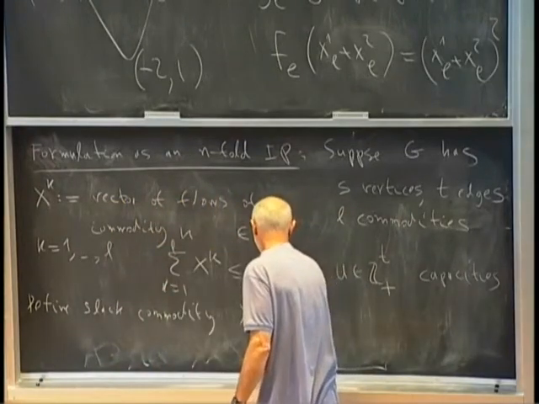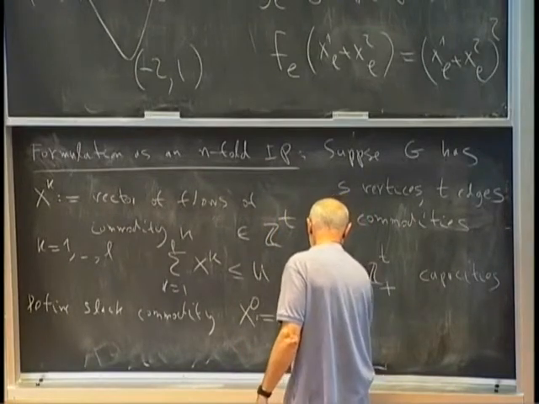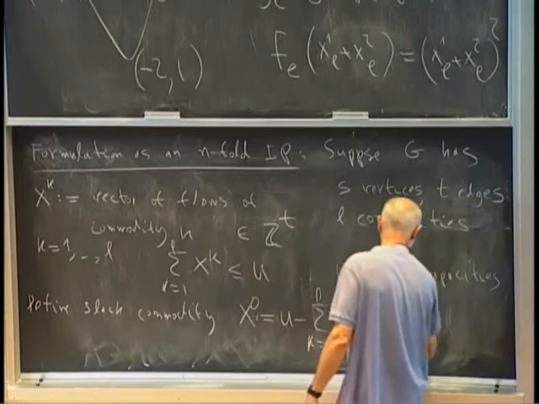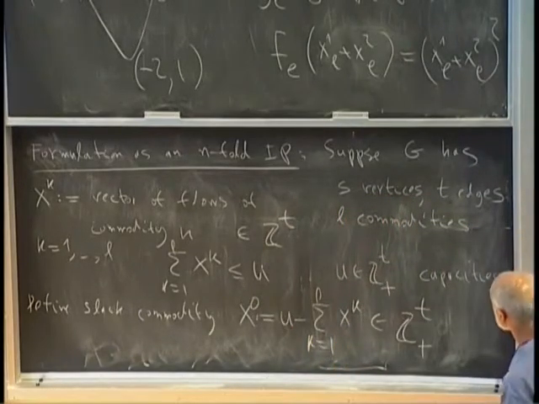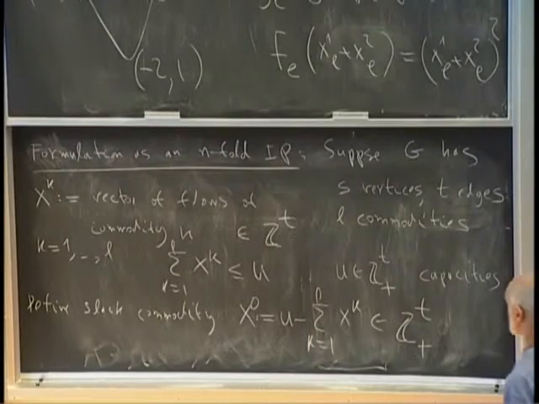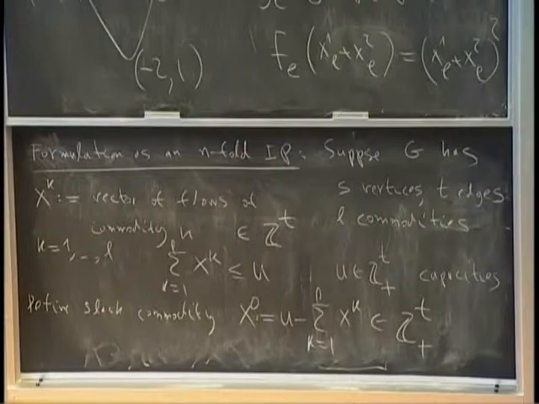This is defined to be u minus the sum of the others. And this is again a vector in Z_+^T. So this is x_0. And now I need one piece of information, and we can actually write down an n-fold integer program for this. So let me continue on this blackboard here.